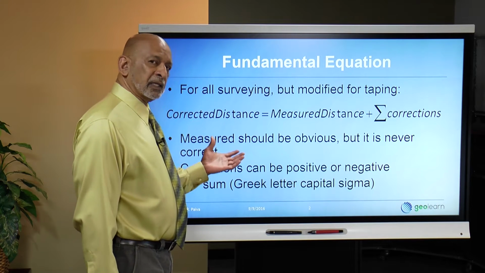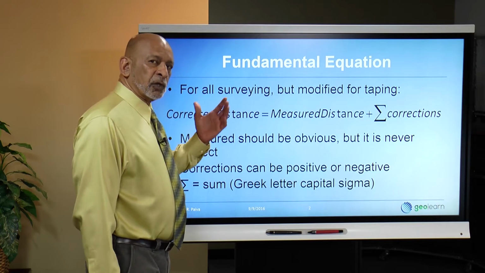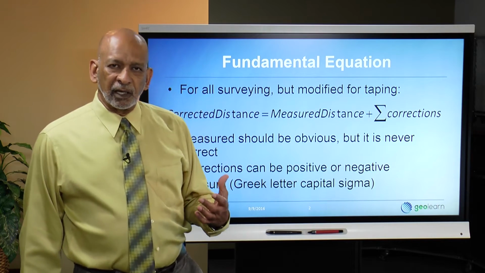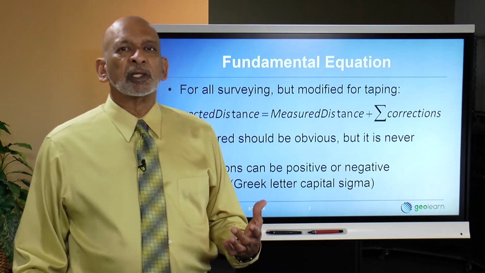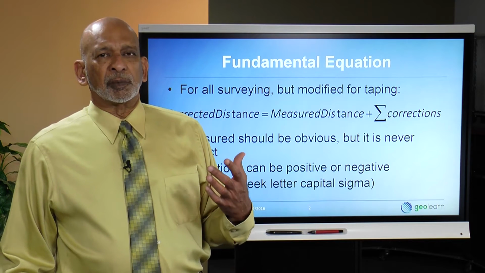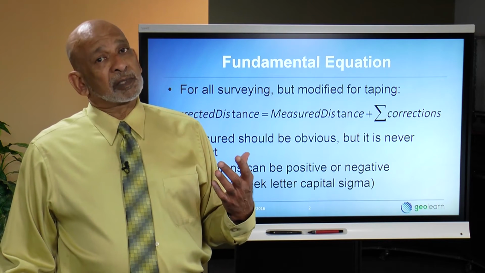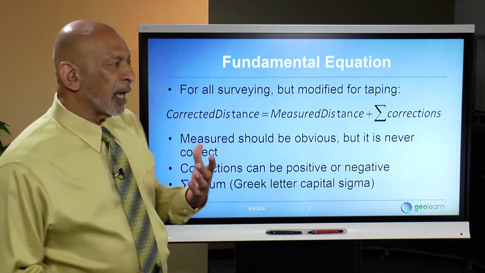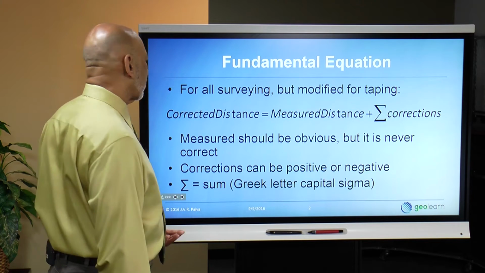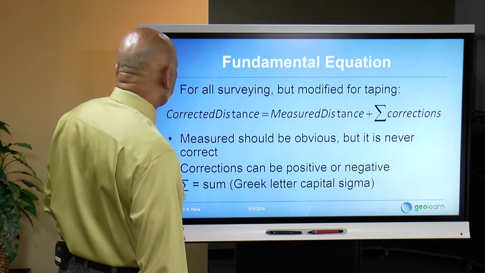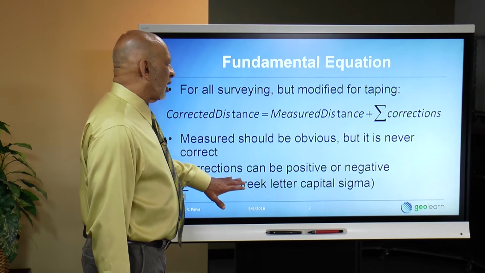So there's always corrections that can be applied to it to make it a better value. And it all depends, as surveyors, for you to understand what the application of the result is to know whether you should be applying corrections and sometimes which corrections to apply, because some are more significant than the other. Keep in mind that the corrections can be positive or negative.